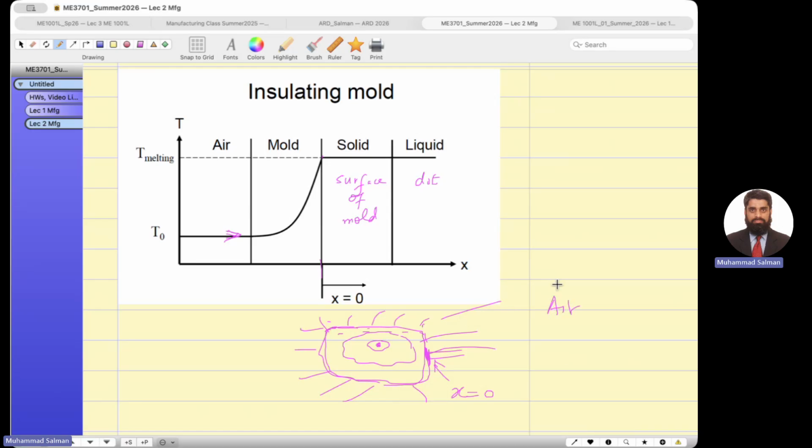Air is at maybe 20 Celsius. Then the mold inside, near the surface of air, is almost the surface temperature of air. But when you go closer to the inside, as you touch this cavity, the metal is becoming solid, and some metal is still liquid. You understood?